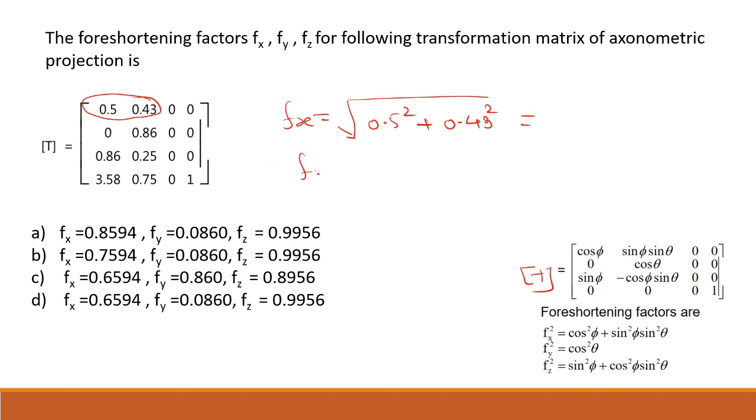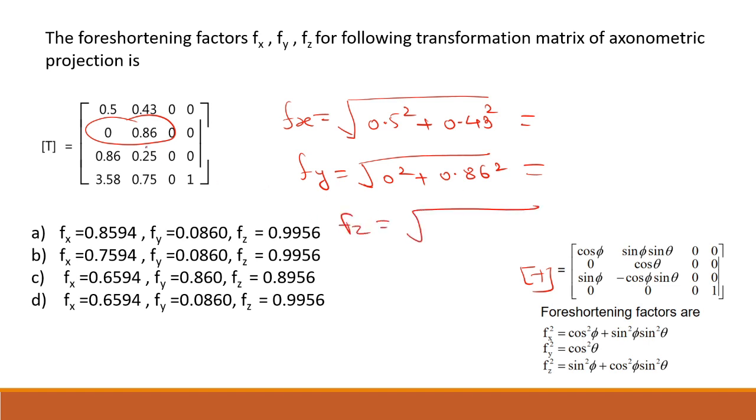Then the second row gives fy, which is root of 0 square plus 0.86 square. The third row gives fz, which is root of 0.86 square plus 0.25 square. Now we just have to simplify this.